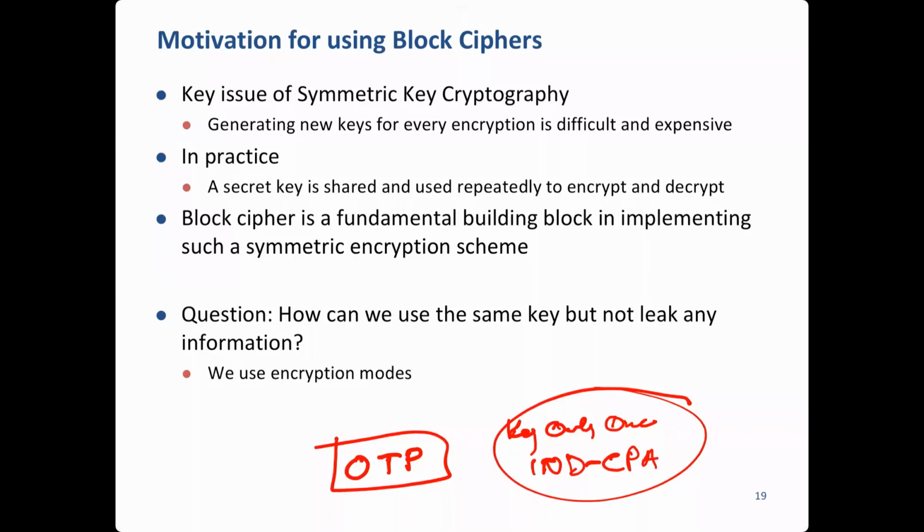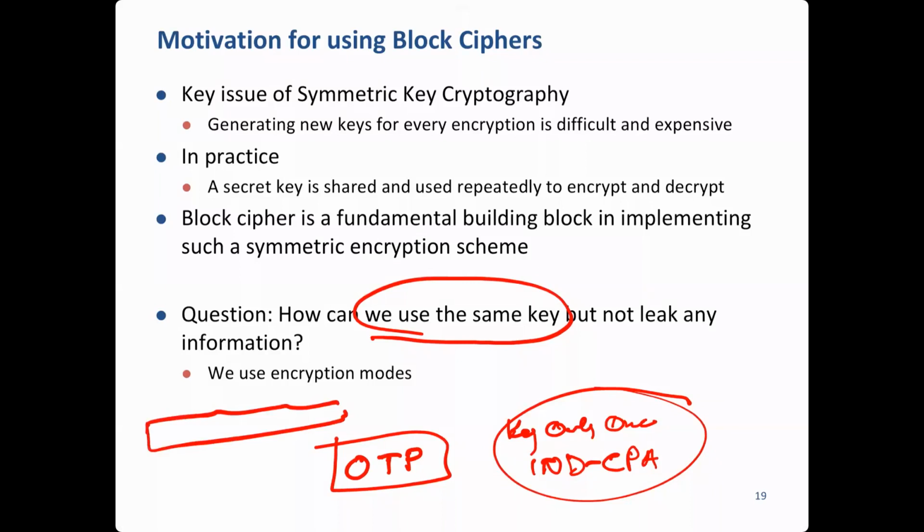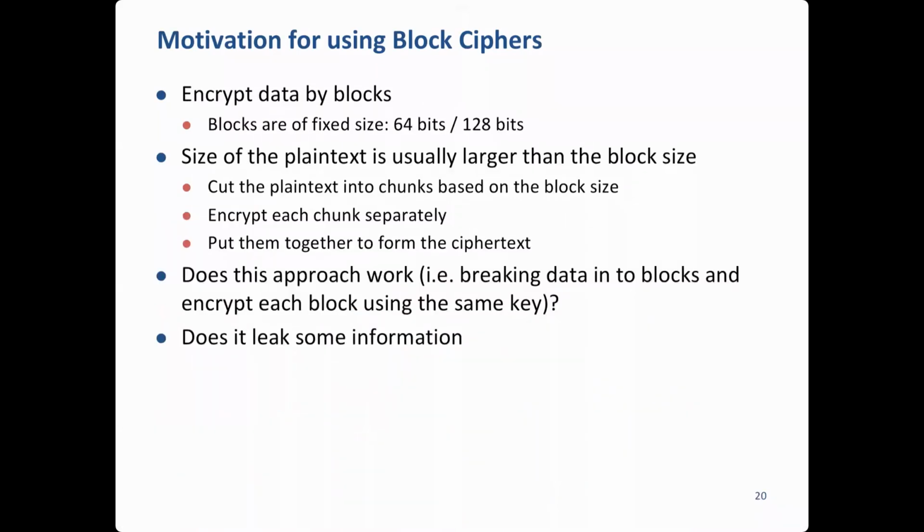All right. Now the question is, when we are using the same key for multiple blocks, because a long message, an email message, whatever, we split into a number of blocks, then how can we avoid leaking information? Because we have seen earlier that we can always leak information if the key is the same.